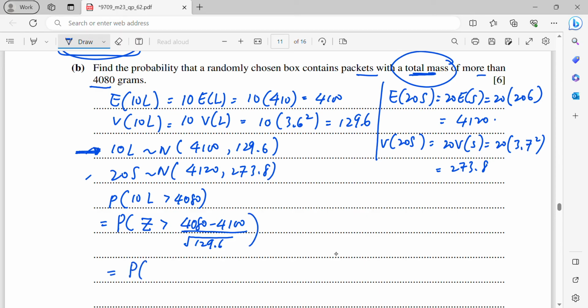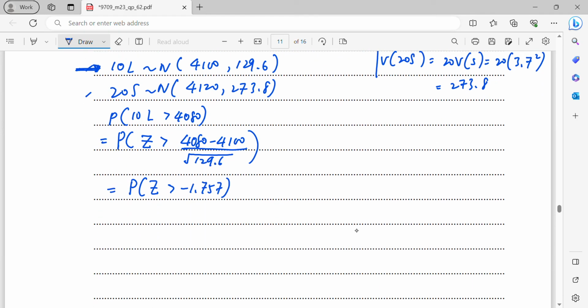Then this is going to be P(Z more than negative 1.757). So more than a negative value, then I have to sketch a graph. Let's say this is negative 1.757, the region is towards the right side because it's more than. Since the critical line is negative, then I have to reflect.